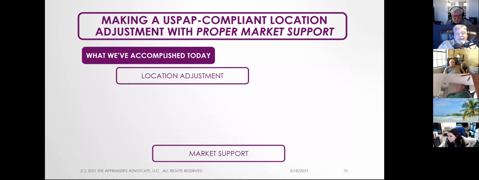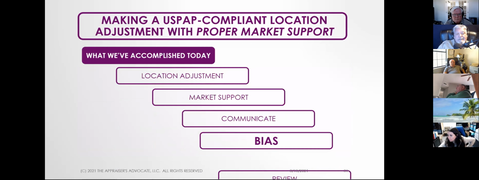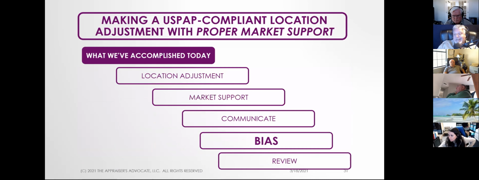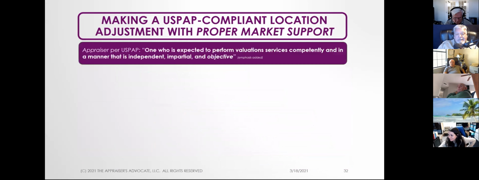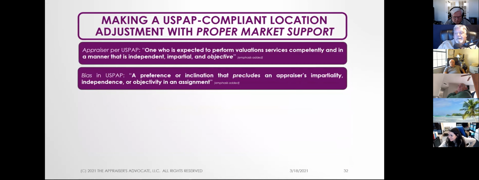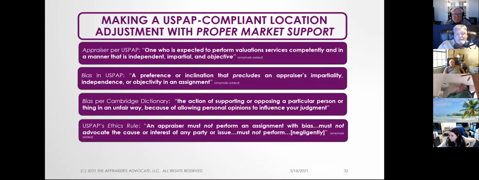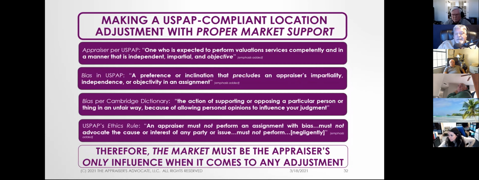Now, we're going to take a quick look at bias, simply because that's becoming very hot right now. It's going to become hotter as time goes on. This is how USPAP defines an appraiser: one who performs valuation services competently, independently, impartially, and objectively.